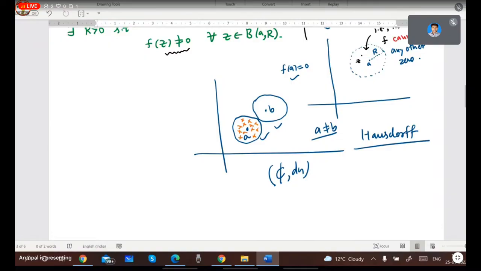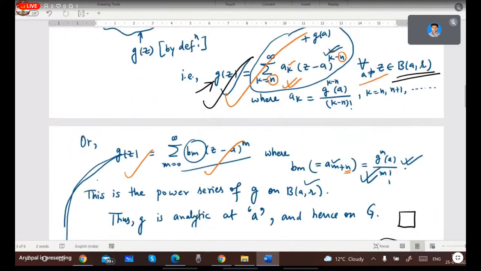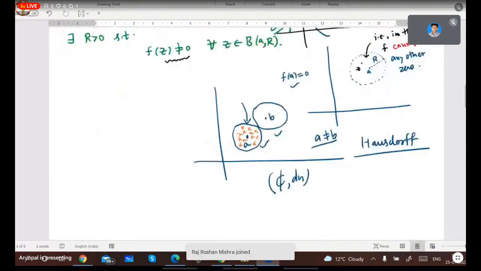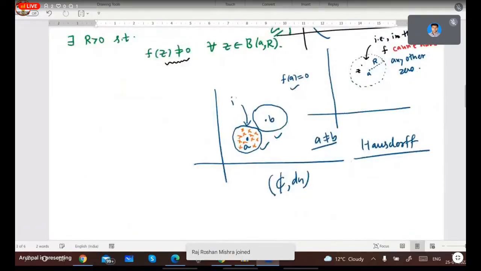It means any two zeros of such a function are at some distance. Yes or no, class? And being at some distance, we call it, in terms of metric space theory, isolated. Isolated means at some distance, a little away from the other points, right, class?